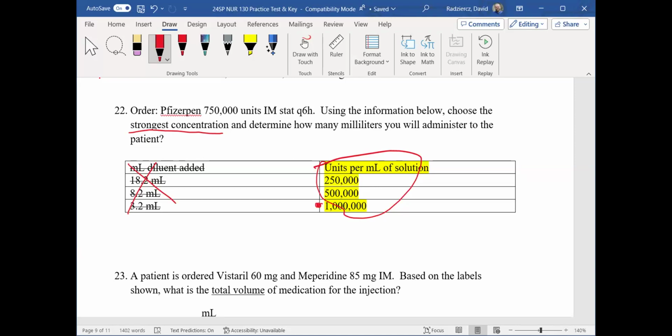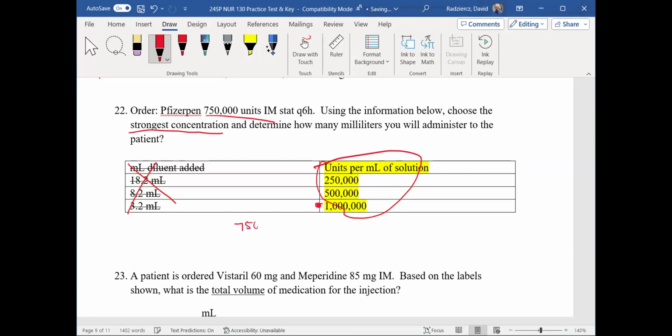What does matter is the flow rate, the 150 milliliters every 45 minutes, the volume and the time times the drop factor. That's the only thing that matters. Same thing here. My order is 750,000 units. And then I have written clearly that it's units per ml solution. And so that's what tells you what to use.